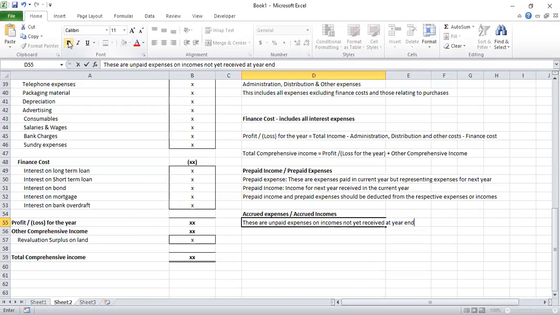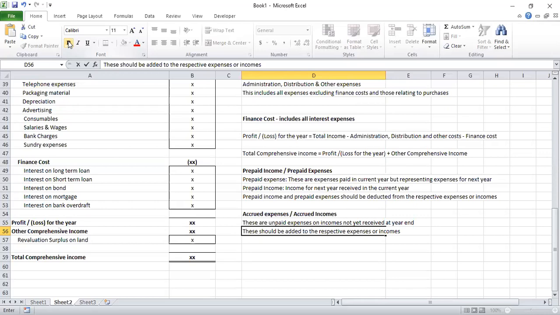So if your tenant said, I don't have money, I will pay you next month, at the end of the financial year, as long as he stayed in the premises, that rent should appear in the financial statements, although it's not yet received. So we're saying this should be added to the respective expenses or incomes.